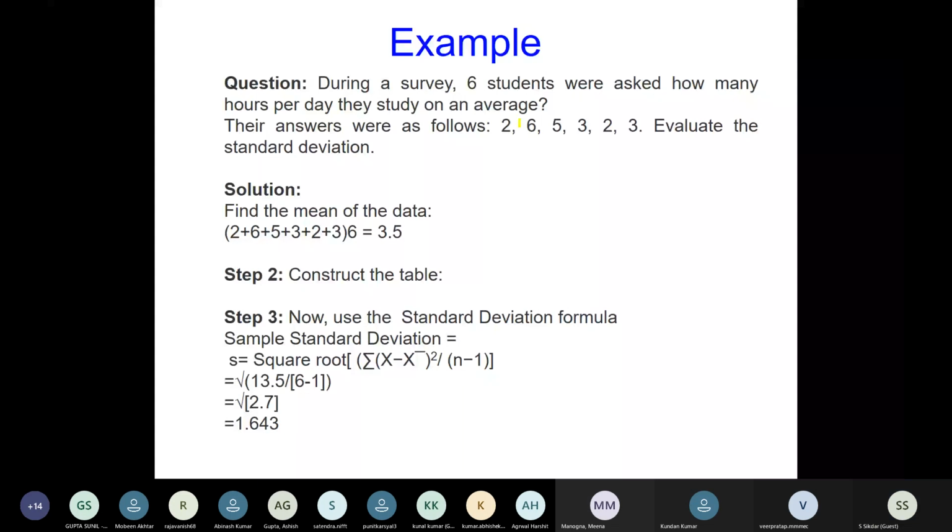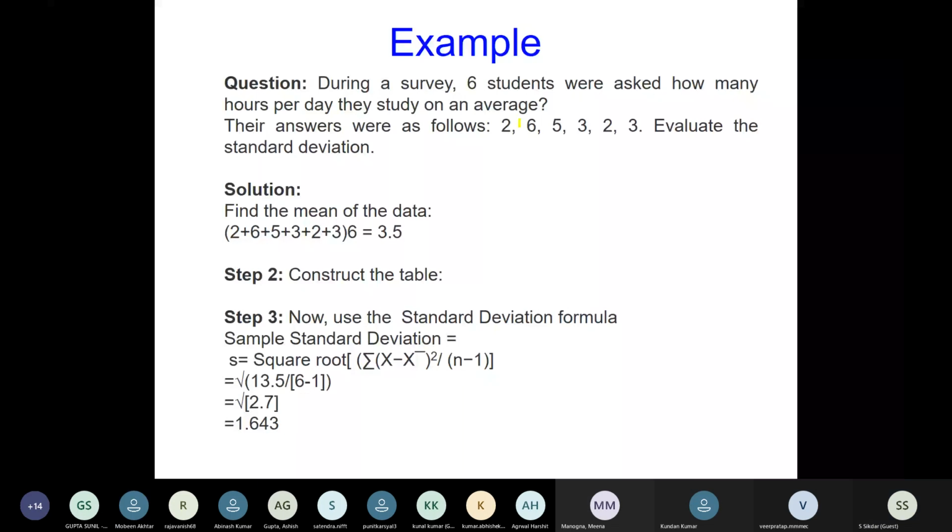Hello, are you there? Yes, sir. I can hear only two, three, four people's voices. Where is Mobin Akhtar? Mobin, you are there. Yes, sir. And Nand Singh? Hello, Nand.